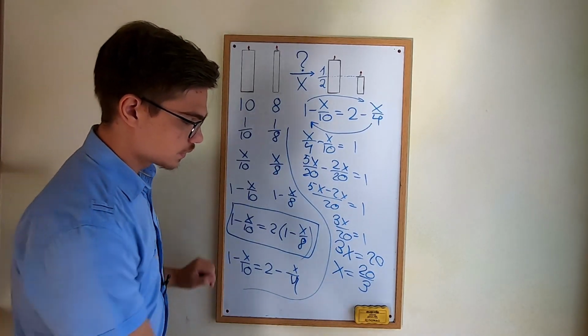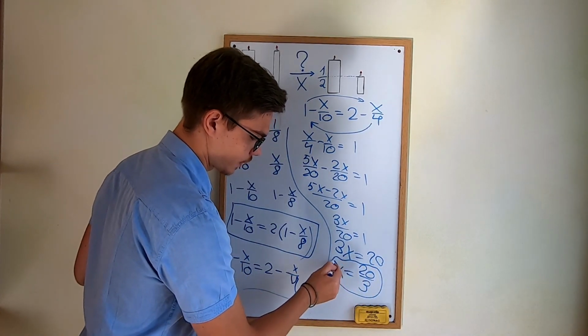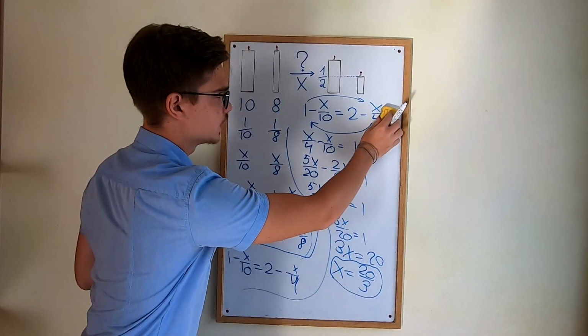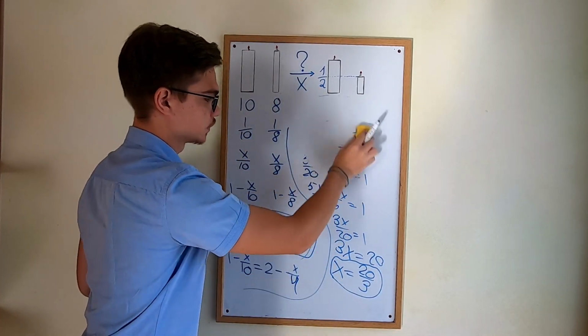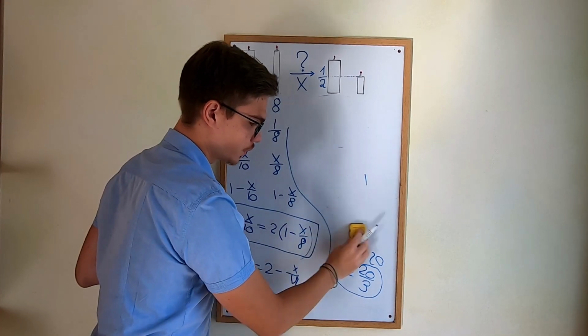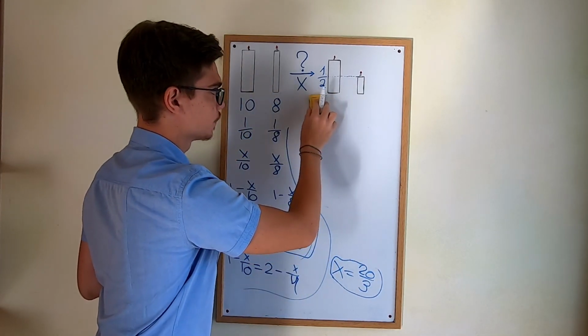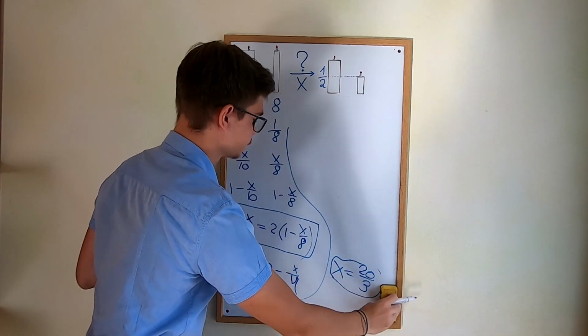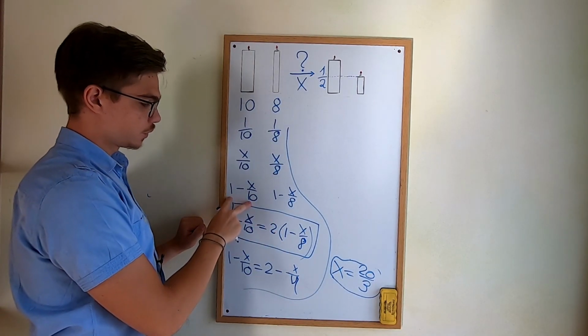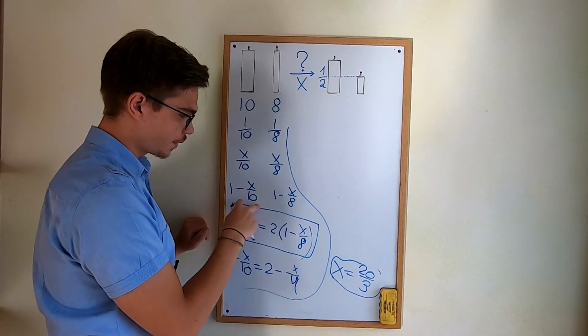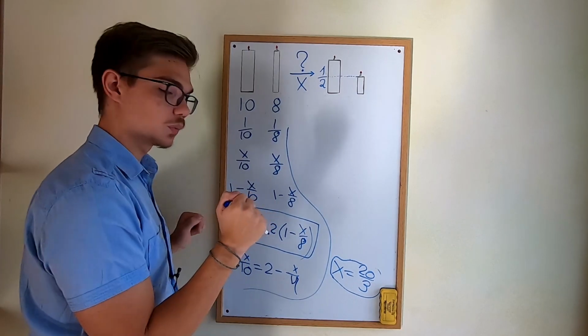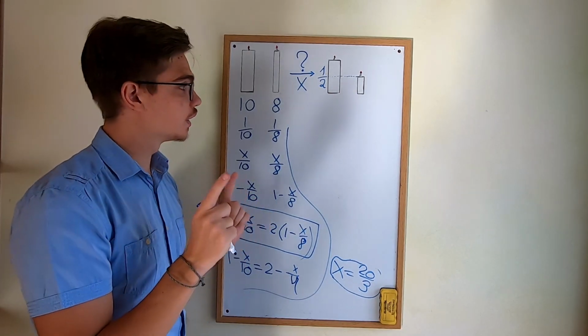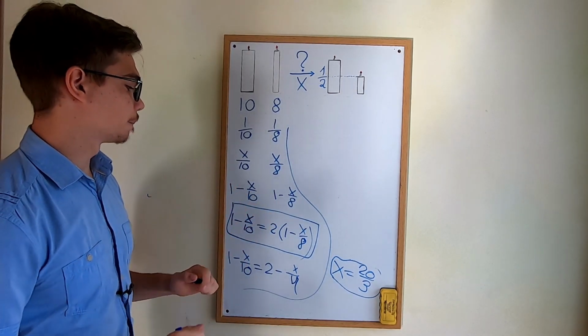Okay, this is already an answer, but let's quickly check if we didn't mess anything up. In order to do it, we just plug the time that we just found over here to find the height of the first candle and the height of the second candle, and we check if the first candle is really twice as high as the second one.